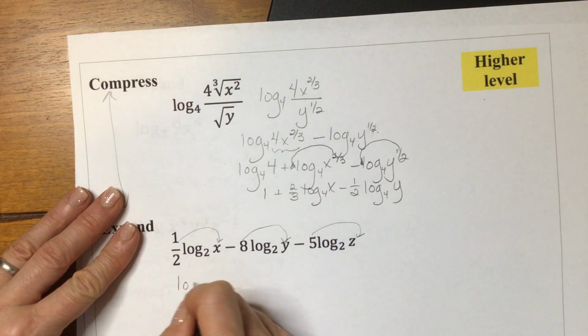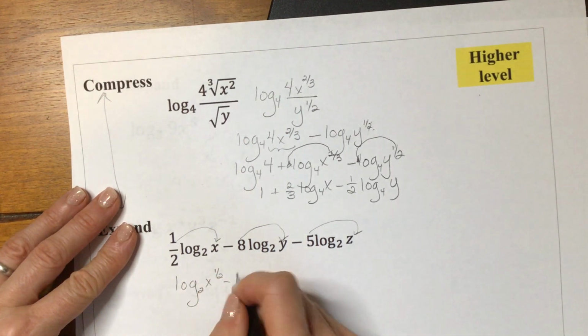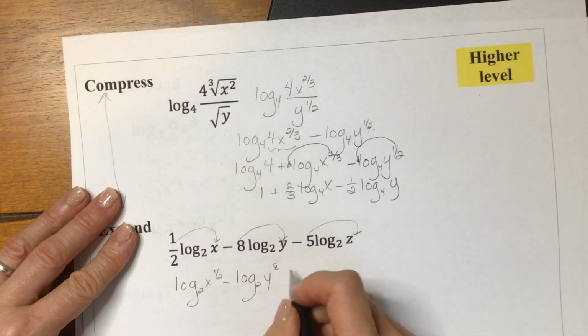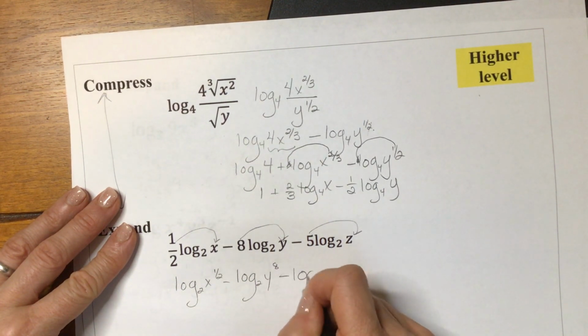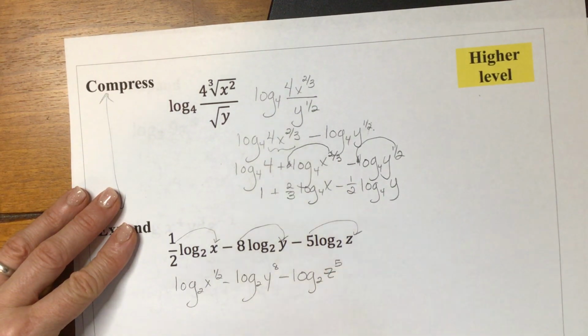So this is log base 2 of x to the 1/2 minus log base 2 of y to the 8th power minus log base 2 of z to the 5th power.